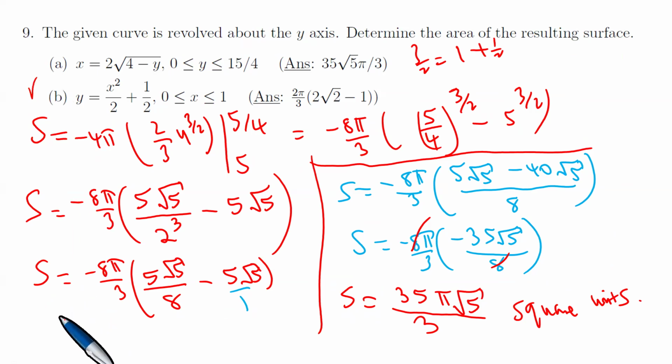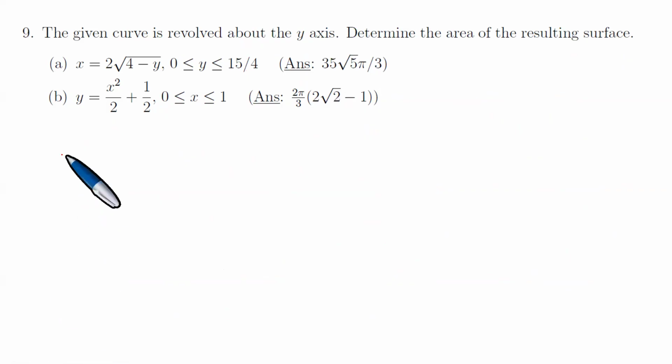Let's do 9b now. 9b is easy because we already know y is the subject of the equation and the x limits of integration are there, so we can find the area of the surface. Which means that to find the area of the surface, we're going to use the dy dx formula.